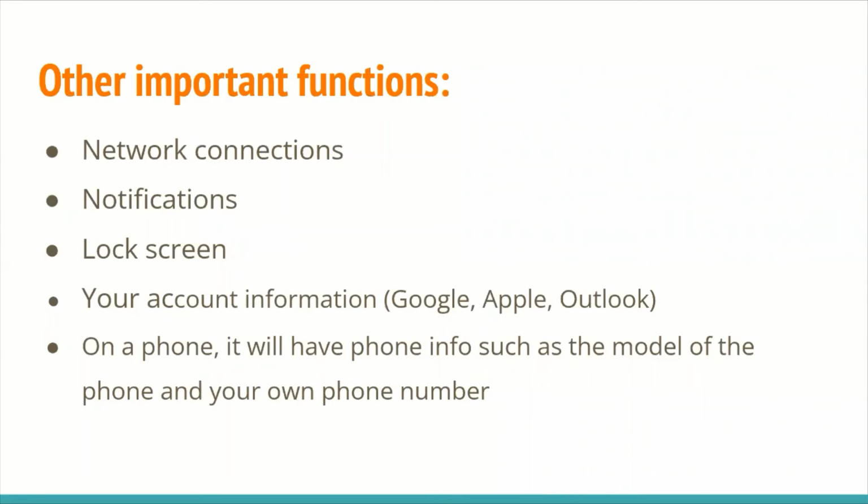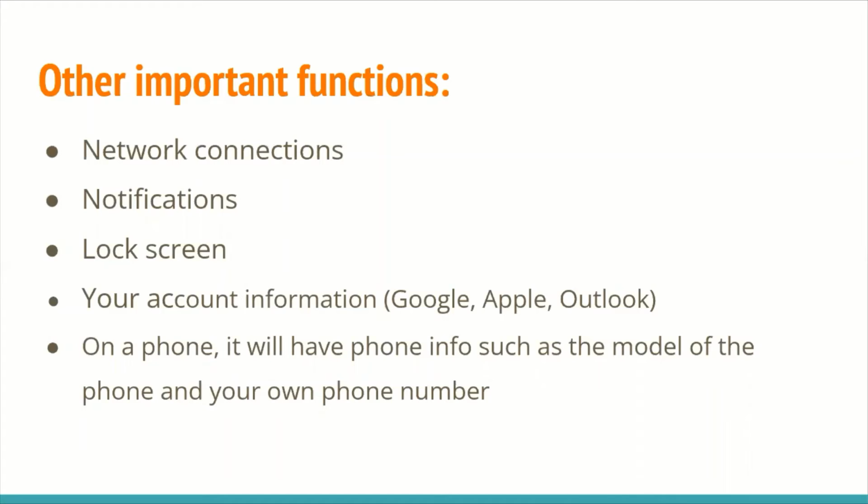Some other important things: if your phone isn't getting internet, you can check the network connections there. If you go to a new place, like the library, you can look for open Wi-Fi there. You can adjust notifications. If you're getting a lot more notifications than you want, you can get into notifications here and start making some changes to how they come up.